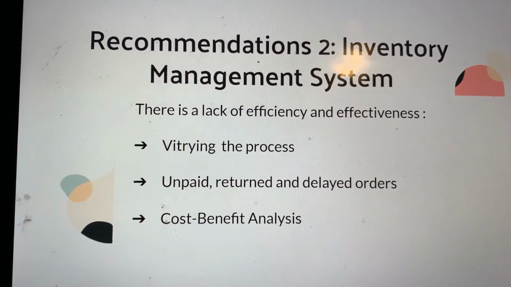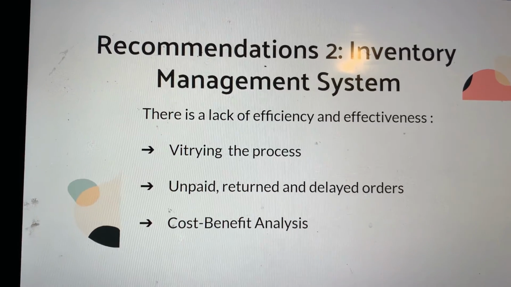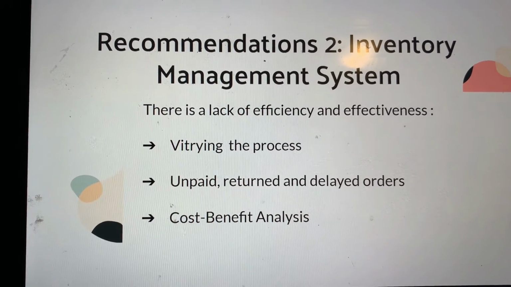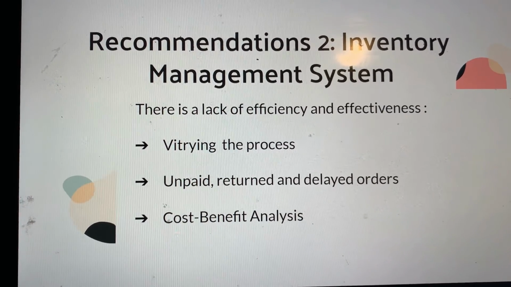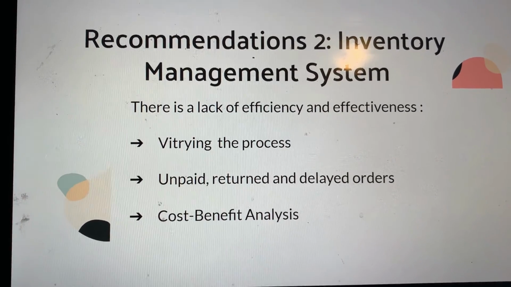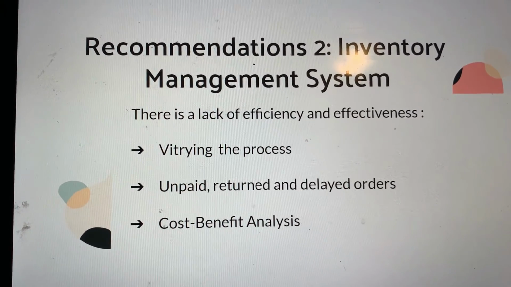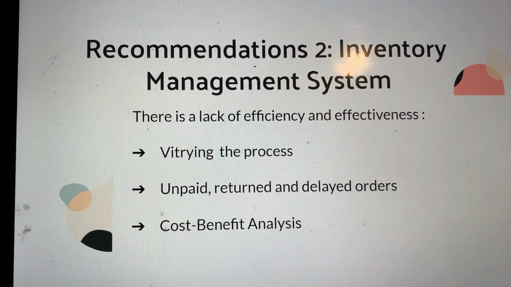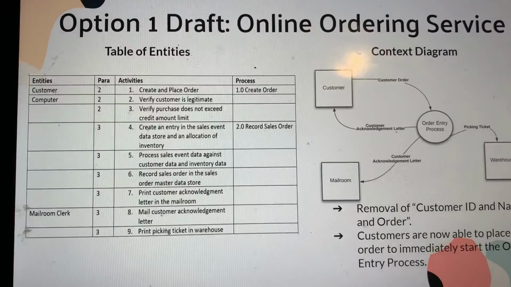Further in the presentation, we'll go through the cost-benefit analysis on how this recommendation will help reduce costs for Office Warehouse, make customers more accountable, and decrease the number of errors we have going on right now.